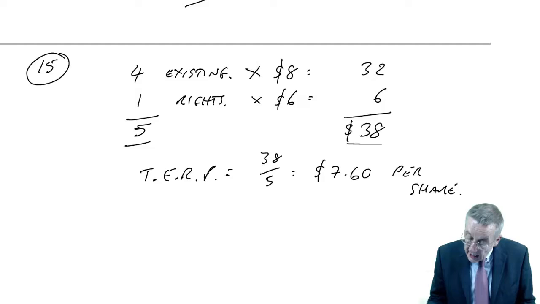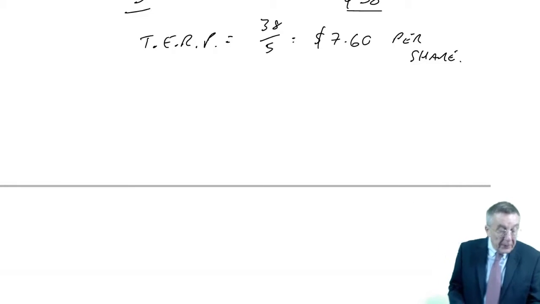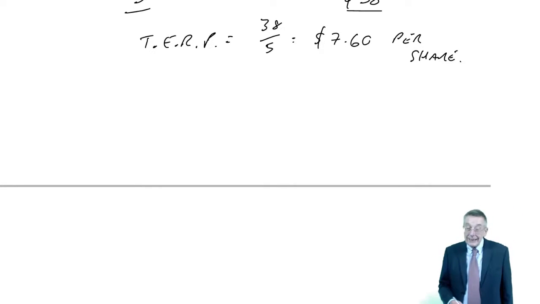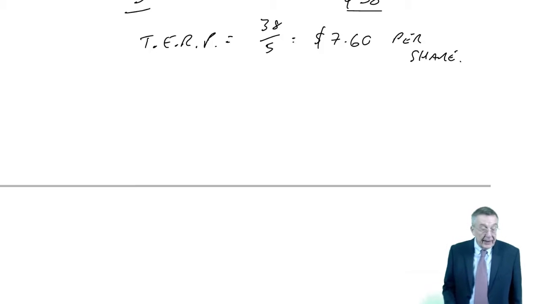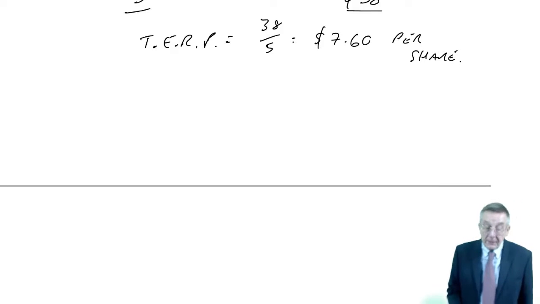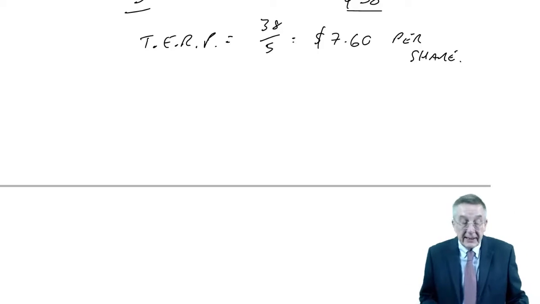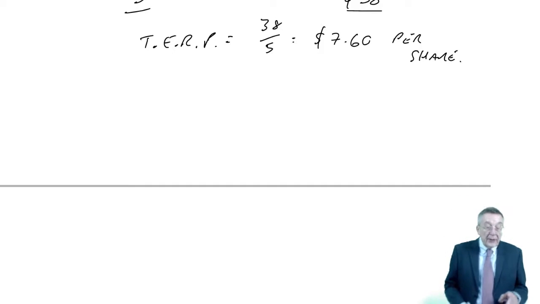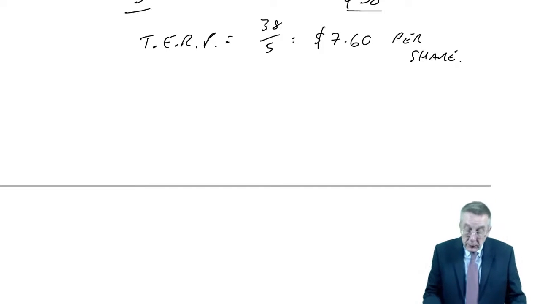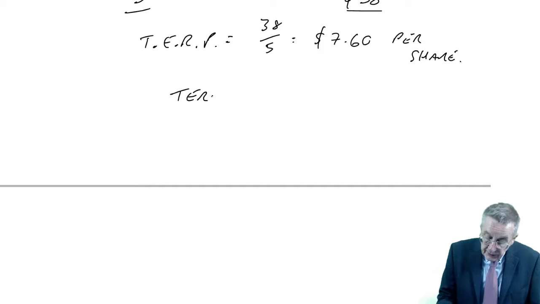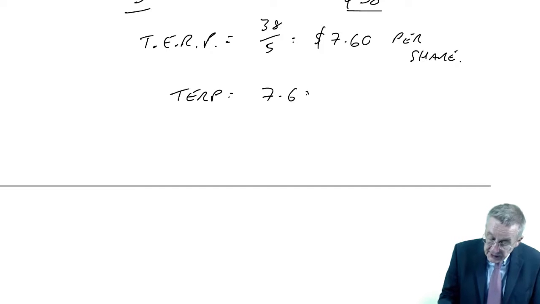However, they didn't want simply the theoretical ex rights price, and thankfully it's not one of the choices. I'm surprised, because if that had been one of the choices, a lot of people would have ticked it. But they want the theoretical value of a right. So how much is a right worth? Well, the theoretical price is $7.60.